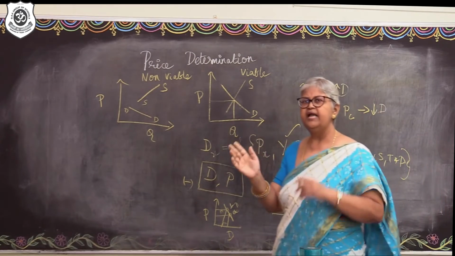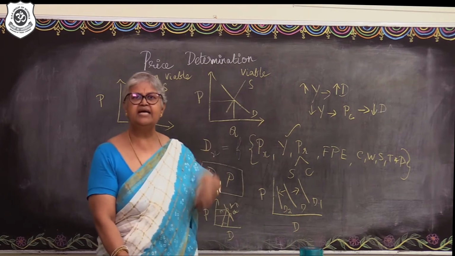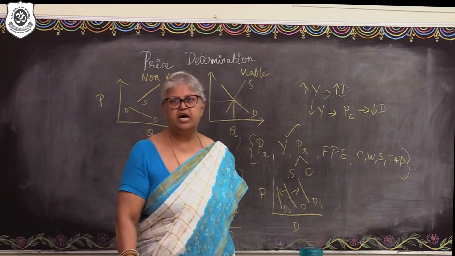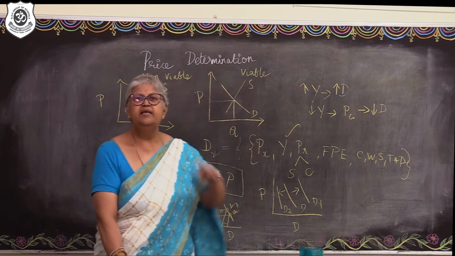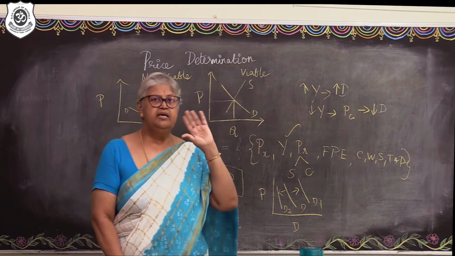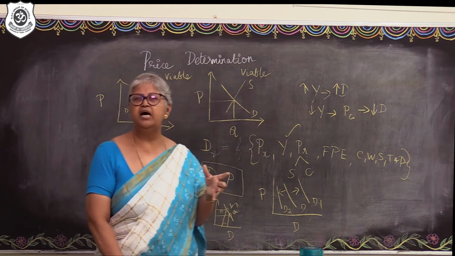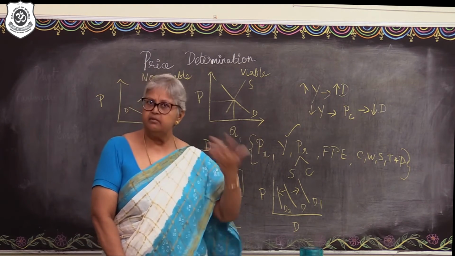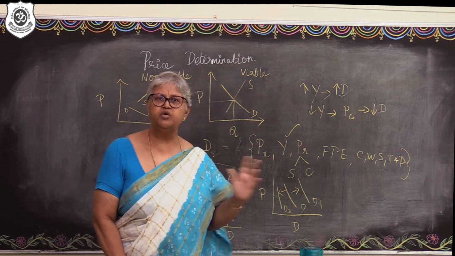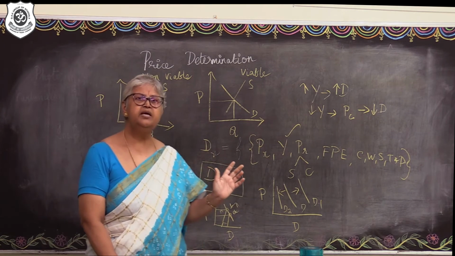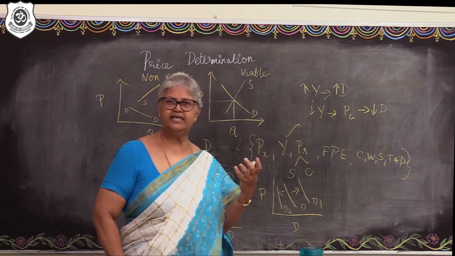So, a rightward and a leftward shift in the demand curve could be due to factors affecting demand. Which factors? Any factor other than the price. Let me repeat. If any factor other than the price affects the demand, then a change in that factor will either cause a rightward shift or a leftward shift in the demand curve, or the demand itself will increase or decrease.